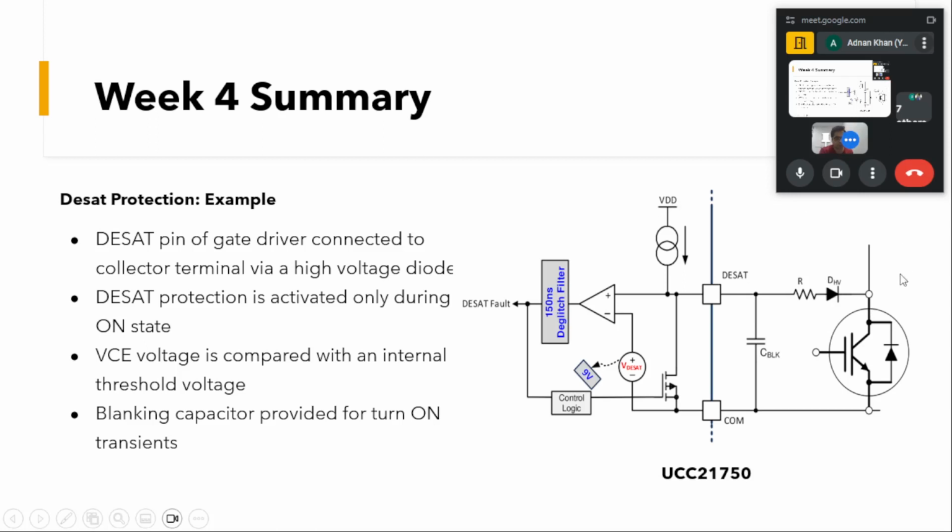Whenever our device is turned off, as I told you, the device will block the whole voltage and our diode is in reverse direction. As soon as our device is turned on, it starts to conduct, and the voltage at this C point, the VCE, is measured.